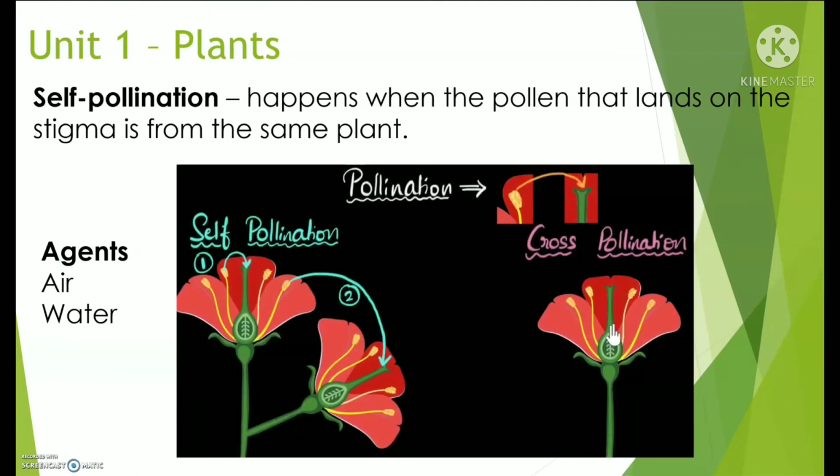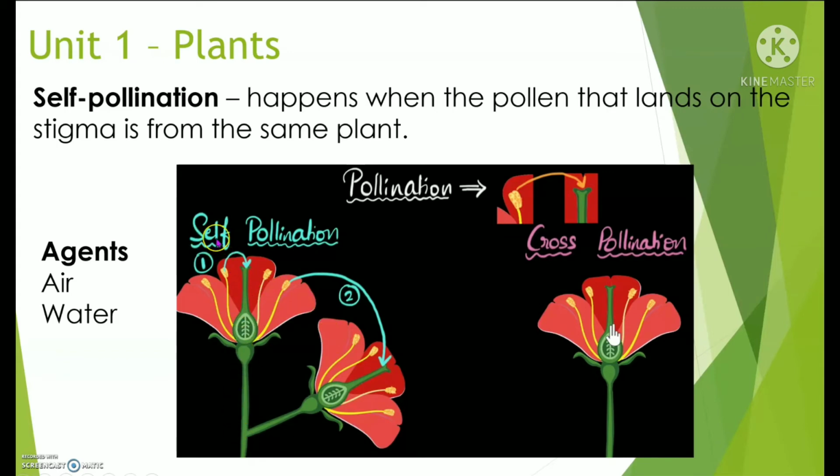Self-pollination happens when the pollen that lands on the stigma is from the same plant. We can take a look at this picture first. This is one plant with two flowers.